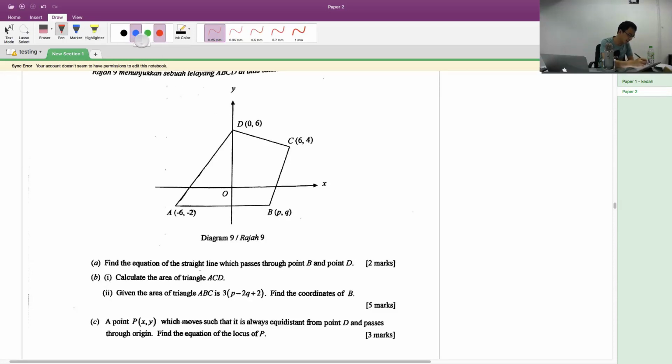You want to find this equation. But something we have is the y-intercept already, the c equals to 6, because y equals to mx plus c. Right? So now what we need to do, we have to find the gradient. And something very interesting is we do not have b.